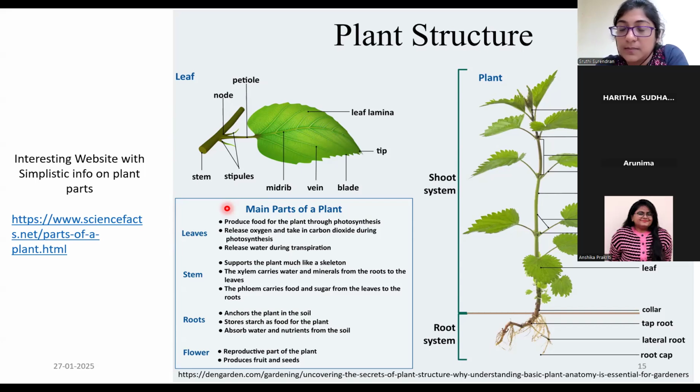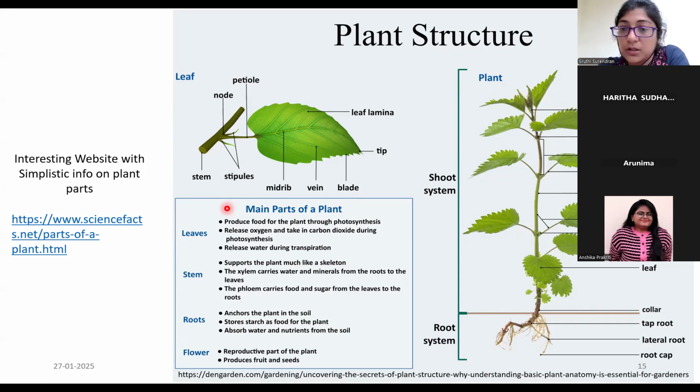Roots are the structure in the plant that holds the plant to the soil. They not only hold it, they also play a huge role in absorbing nutrients and water from the soil that is necessary for the growth of the plant as well as for various processes of the plant. They also store a lot of sugars. There are different types of plants, like tuber crops, which store a lot of carbohydrates in their roots, which are edible to us.